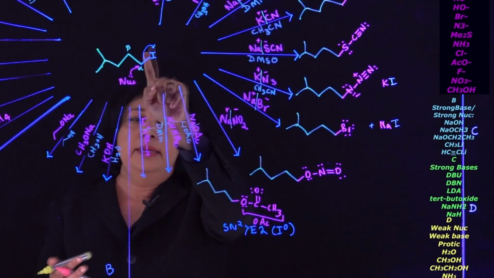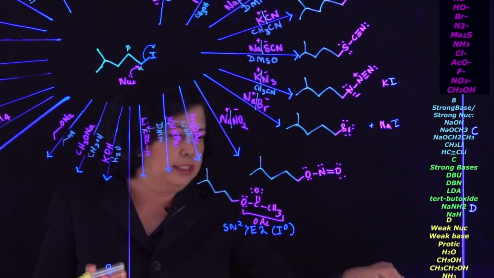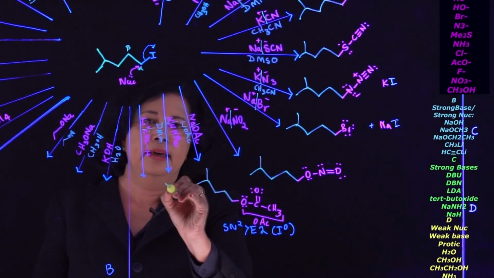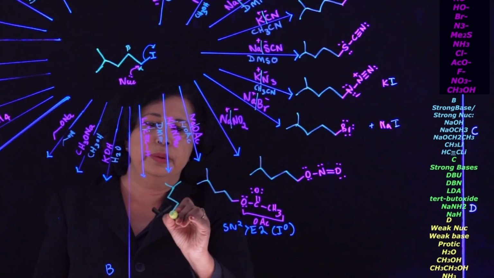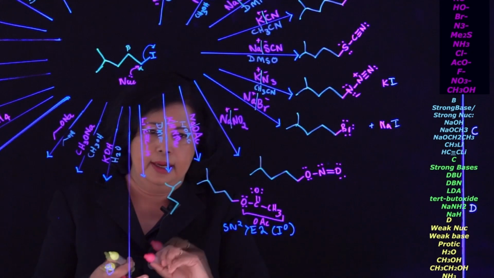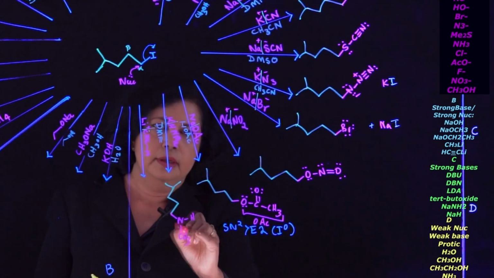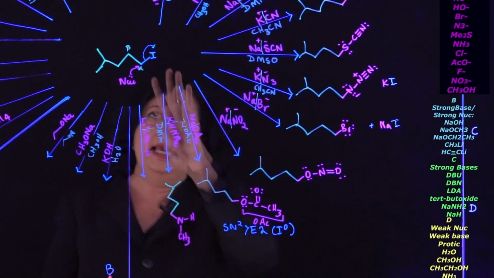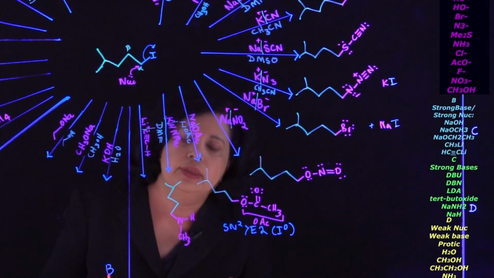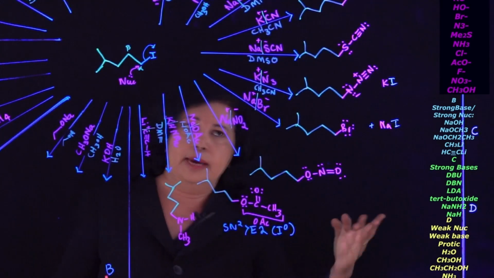This also does the same thing, attacks and displaces the iodine and gives you a NHMe. Now you want to have an excess of this, if you don't want to have this happening over and over again.